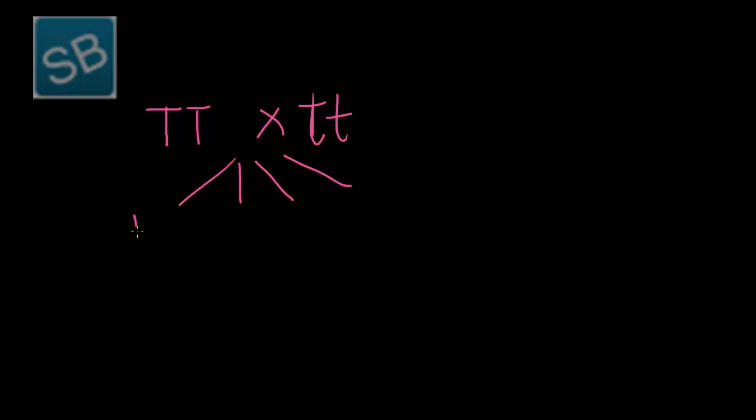Now, let us understand this law with the help of an example. As said earlier, let us take the previous example where the tall and the dwarf plant are crossed with one another. That forms three tall plants and a single dwarf plant.